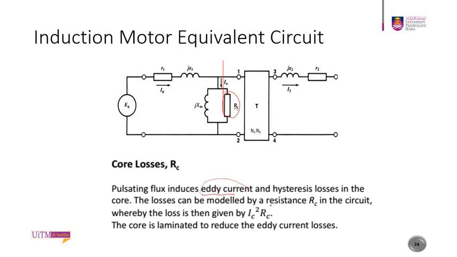The losses are modeled by RC in the circuit, where the loss is IC squared times RC. The core is usually laminated to reduce eddy current.